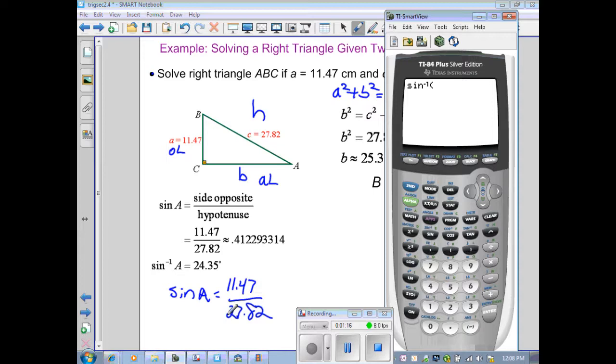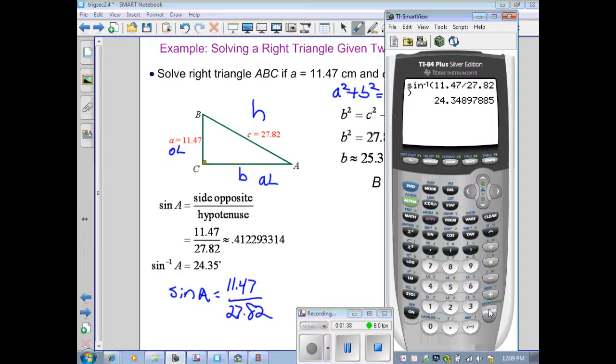The calculator will take care of that as it uses its functions, which here, 11.47 divided by 27.82. Close parenthesis, and let's generate that answer.